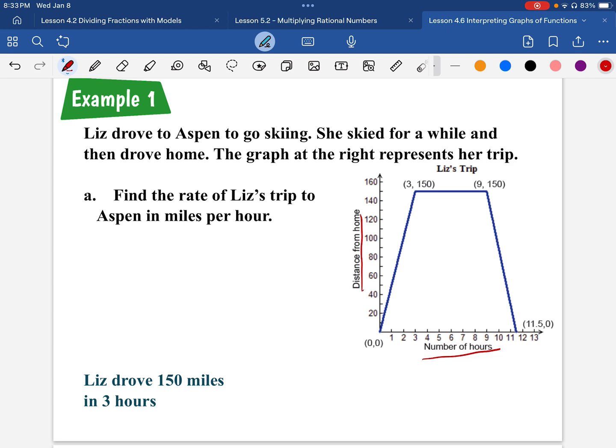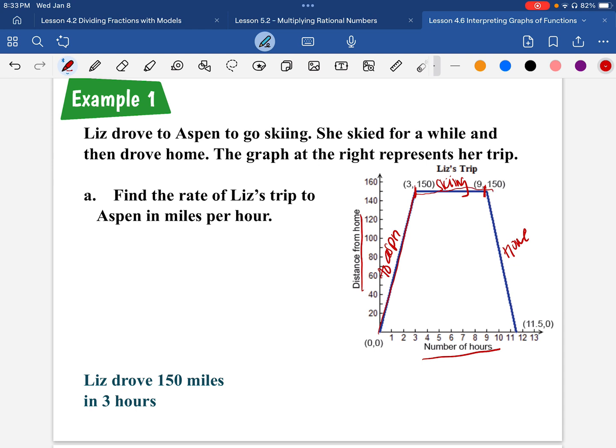So this is her getting to Aspen, right? This is her skiing at Aspen, and this is her coming home. And the reason I know that is because distance from home increases, then the distance doesn't change at all because she's skiing.